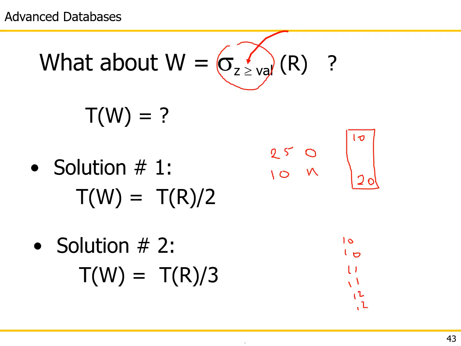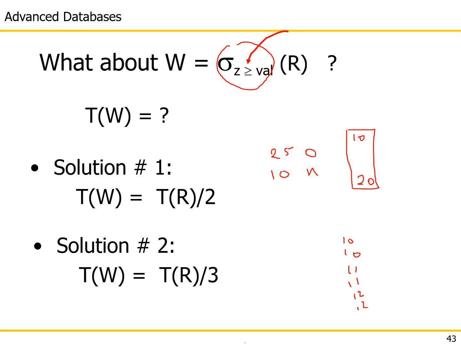Now, a second solution that researchers also adopted and some database engines followed is that the size of W is going to be 1/3 of the input relation. So 1/3 multiplied by T of R. So let's try to rationalize where these ratios are coming from. So in the case of half T of R, the rationale goes like this.